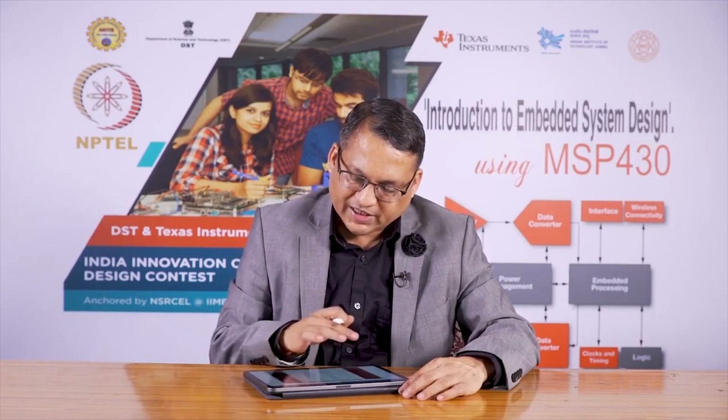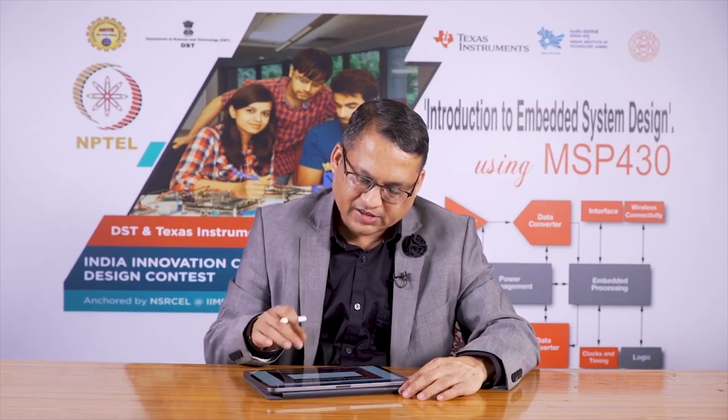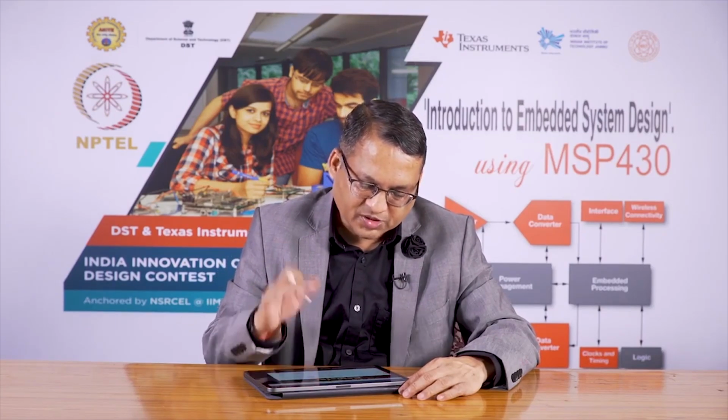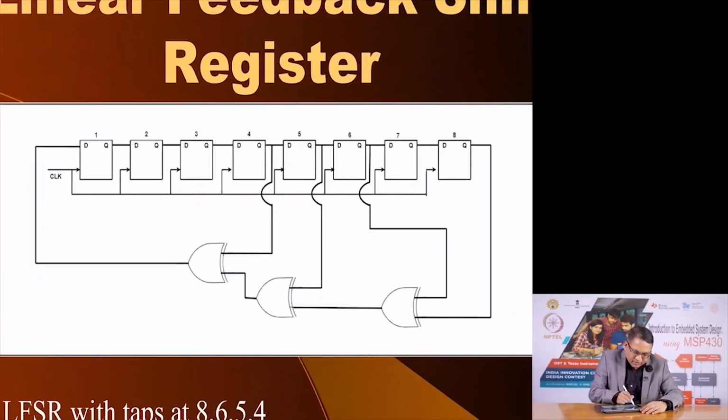Now, basically an LFSR consists of D type flip flops, as you see here. Here is the input of the first one that feeds the second one and so on. From some of these flip flops you take the output and pass it through certain XOR gates, and that feeds the input.